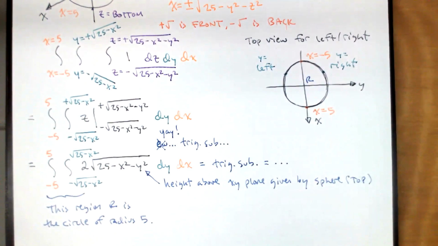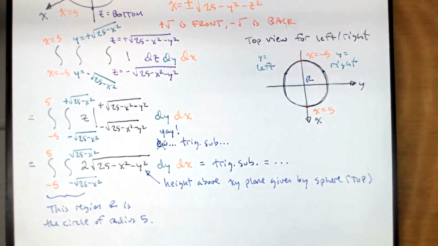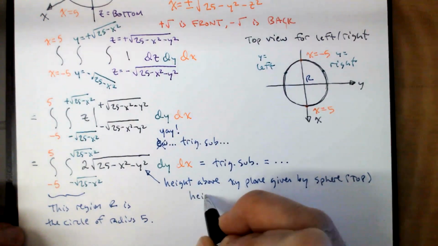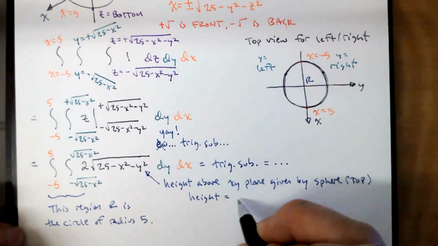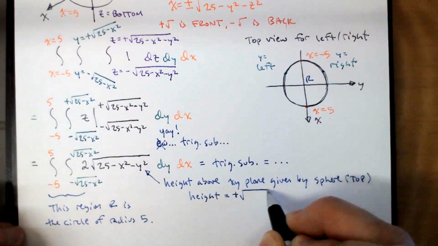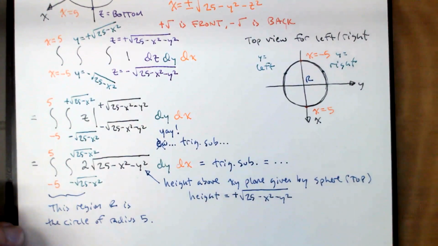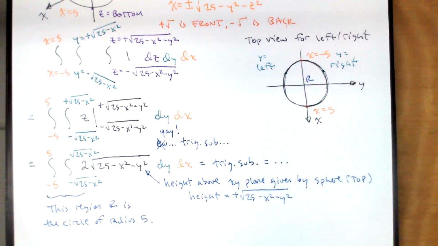So the height above the xy plane is given by the sphere. That's the top part of the sphere. And the 2 is because I want the top and the bottom half of the sphere.